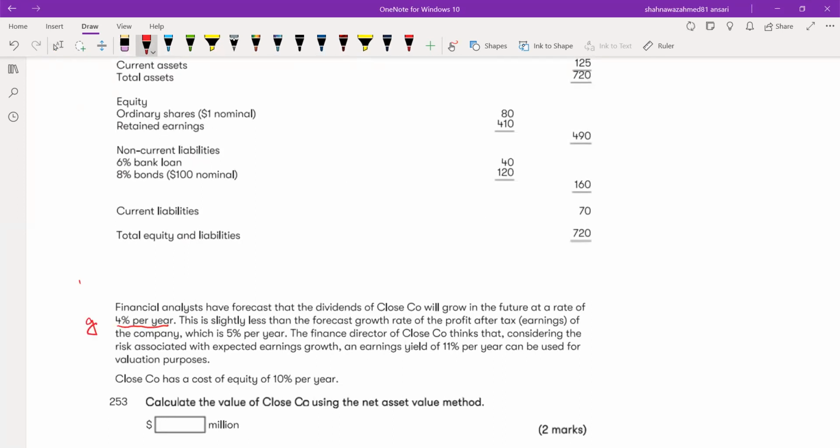G is given. This is slightly less than the forecast growth rate of the after-tax profit, which is 5%. The profit growth rate is 5%. The dividend growth rate is 4%. The finance director thinks that considering the risk with the expected earning growth, an earning yield of 11% can be used for valuation purpose. The closed co has a cost of equity of 10% per annum.